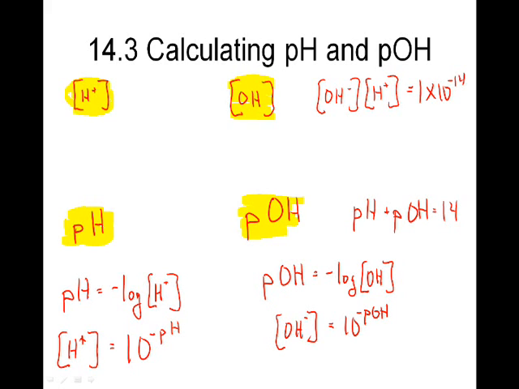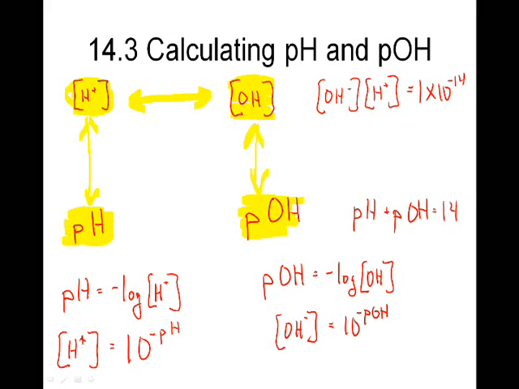We're often interested in those 4 different ways of describing these concentrations, and they're all related and interrelated. You can go back and forth between these. So if you have one, you can calculate the other 3. And in fact, if you have one of them, there's more than one way to calculate the others.